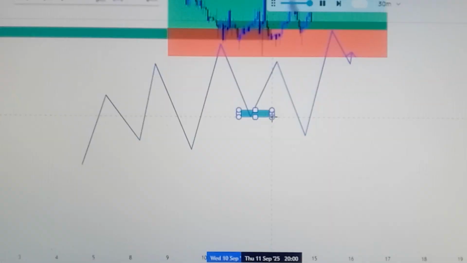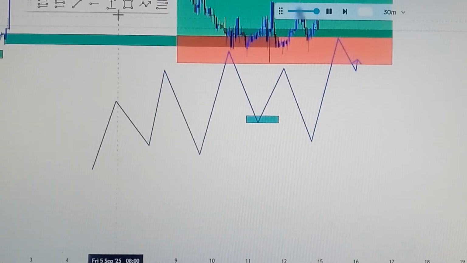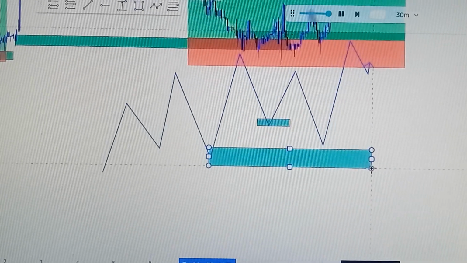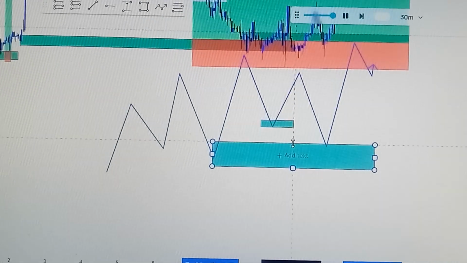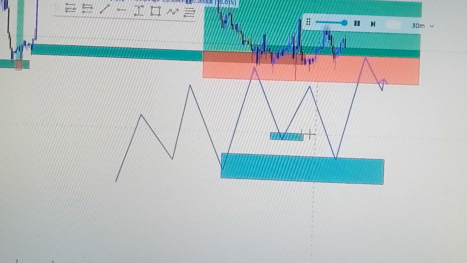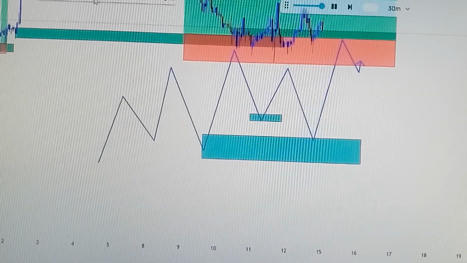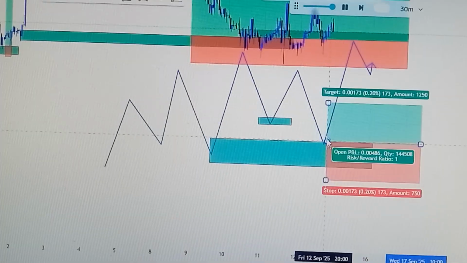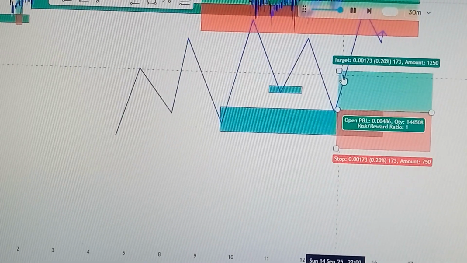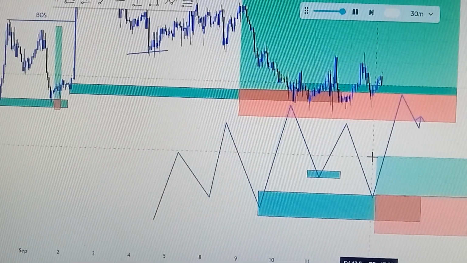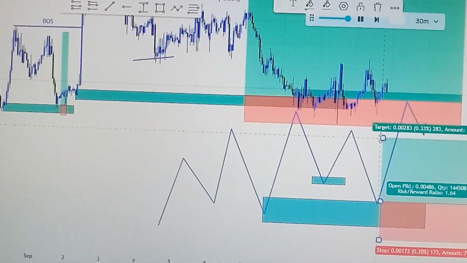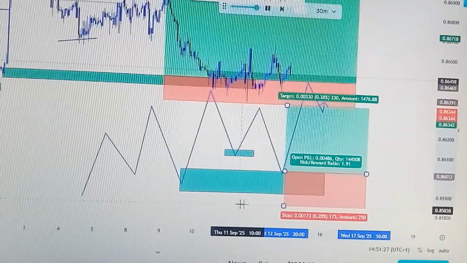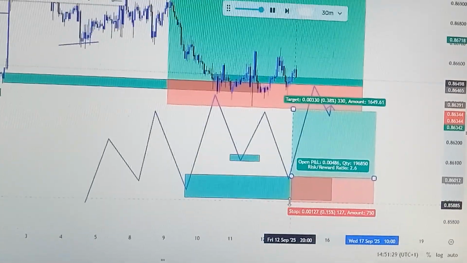This first pullback is usually liquidity, so I wait for price to come back to the extreme order block. Then I take my trades here, as you can see on this trade that I have shown to you, targeting this high, this order block, and I trade 1 to 3 risk to reward.